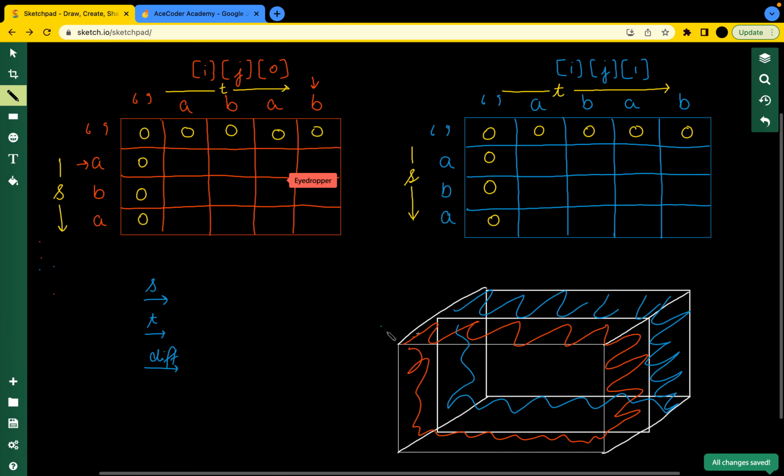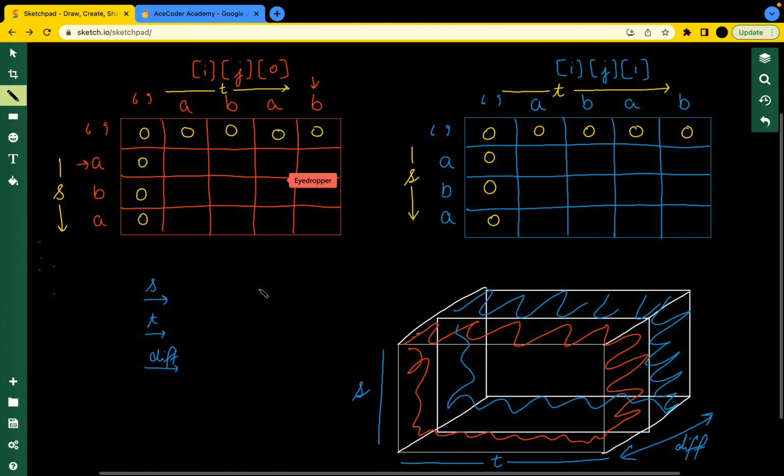For this axis we have taken string s, for this length we have taken string t, and for the breadth we have taken this difference variable. I am repeating it again: the difference is the number of characters by which both strings differ.